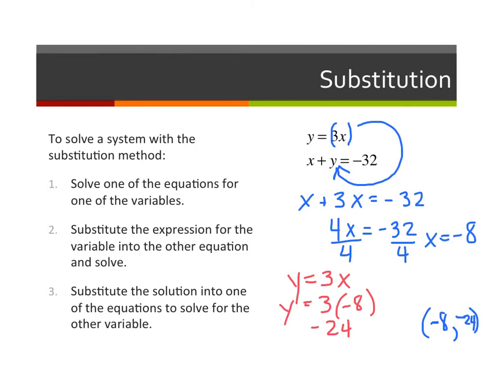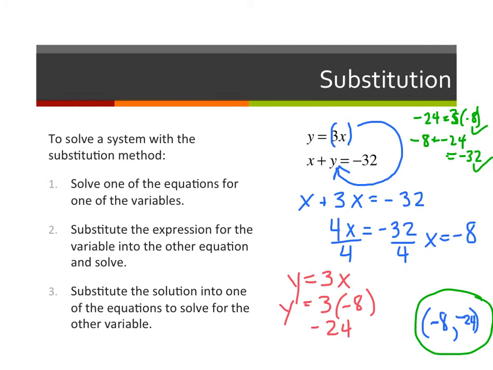So I'll do that real quick. Is negative 24 equal to 3 times negative 8? Yes, it is. And is negative 8 plus negative 24 equal to negative 32? Yes, it is. So I've checked them by plugging them in. I know my solution of negative 8, negative 24 is correct.